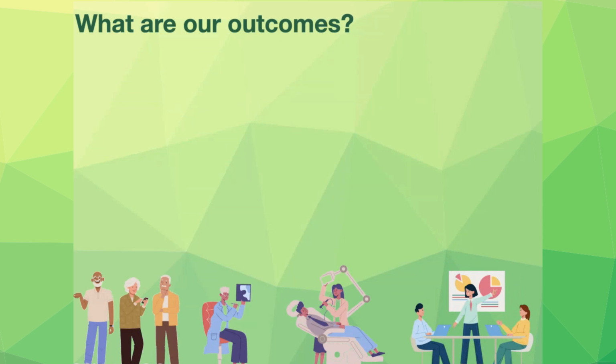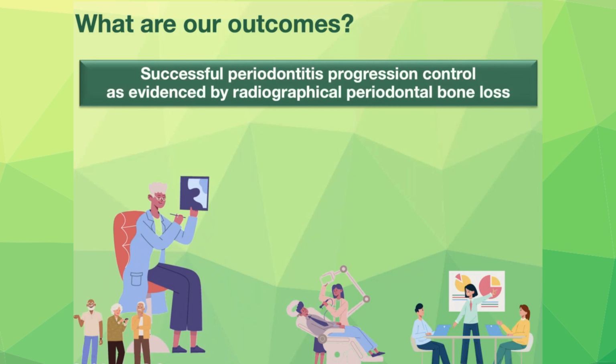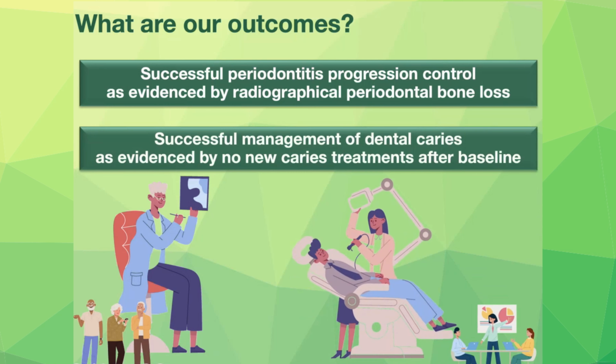So these are the basic questions that we will be trying to answer with this study. And the main outcomes, going back to why we were looking at periodontitis today, we would like to know, based on radiographic evidence, if there was successful control of periodontitis progression. Based on treatments of dental caries, we also want to see if there was successful management of dental caries.